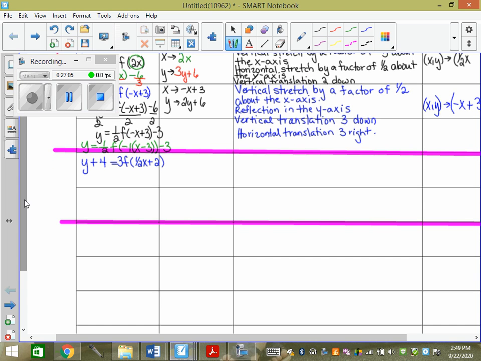Okay, if I want to do replacement, if that's what they're asking for me, I have to move everything for the y's to the left, everything for the x's to the right. Currently, I have a 3 over here, so I'm going to divide by 3. So instead of dividing by 3, I can go 1/3 in front, and I can leave it with brackets, guys. It's totally fine. You can either distribute it through and go 1/3 y plus 4/3, or you can just leave it like that.